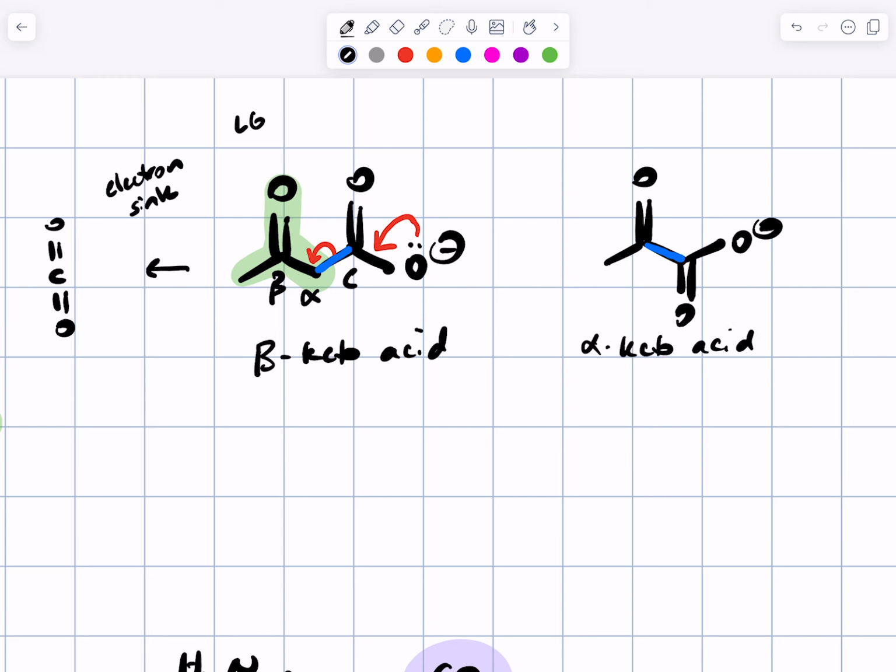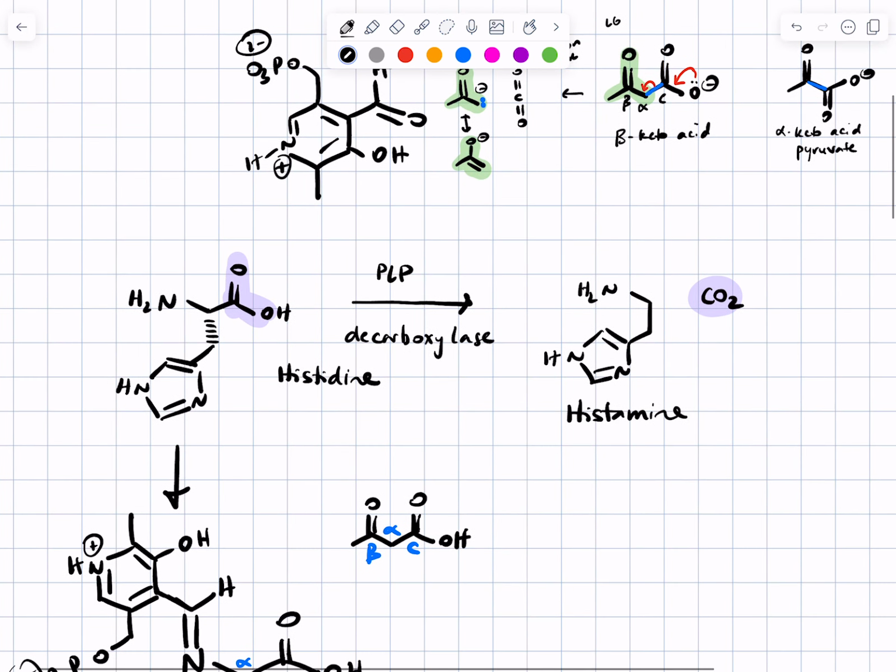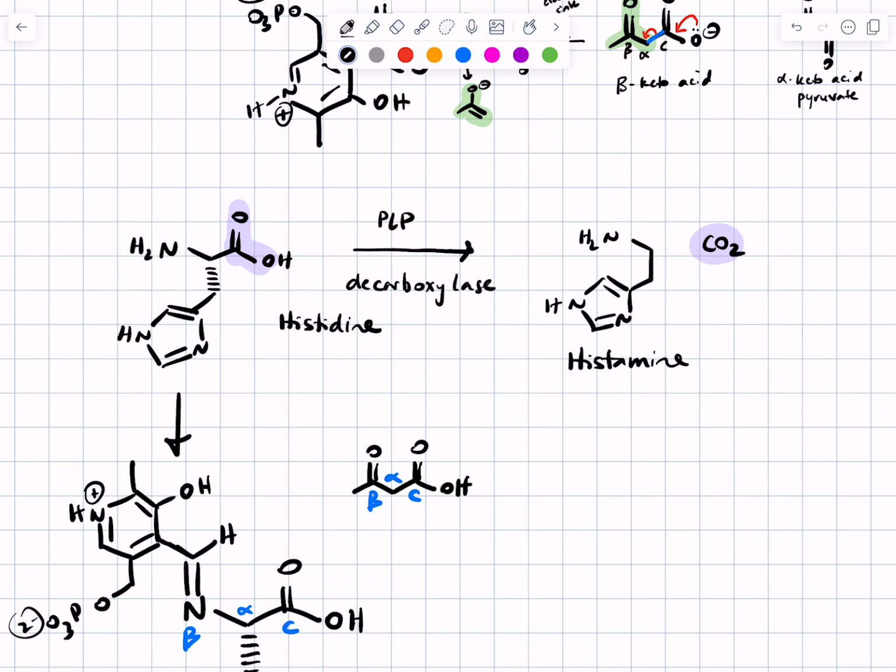The one I've drawn for you here is called pyruvate, and you better hope nature has a strategy for decarboxylating pyruvate, because otherwise we're all dead. So we'll get to that later. For now, let's look at decarboxylation of histidine to make histamine.